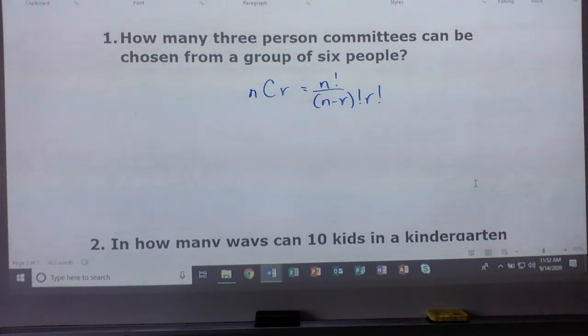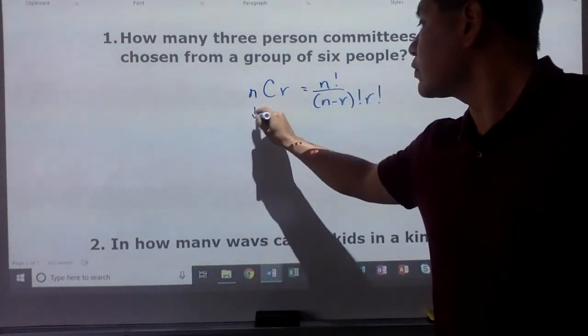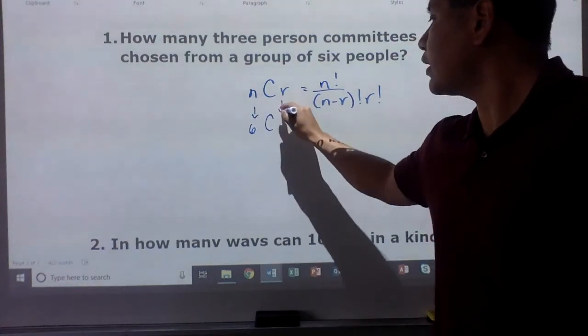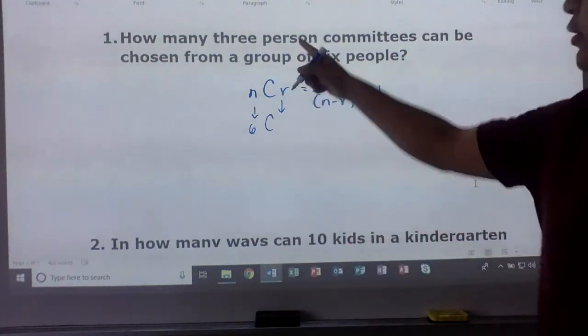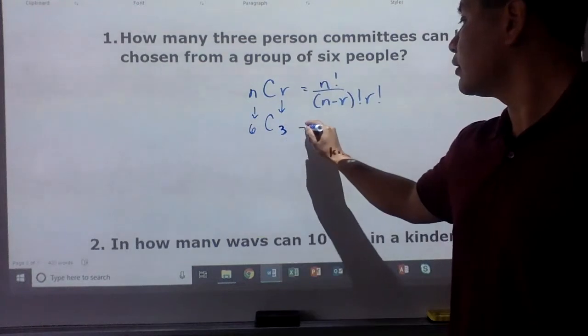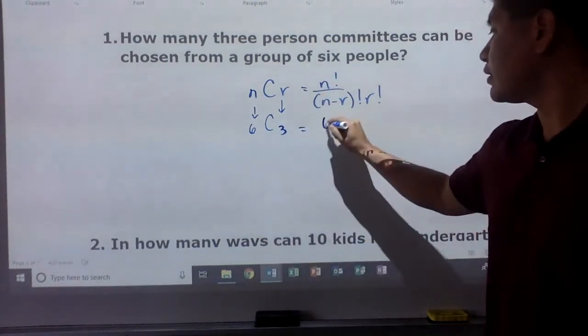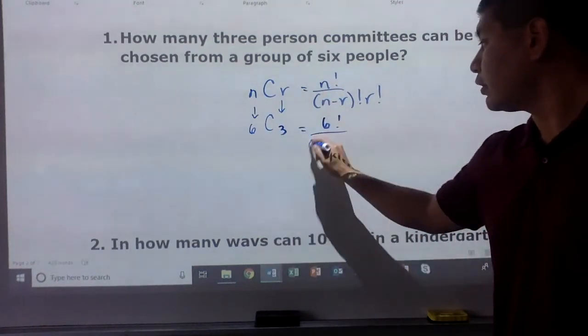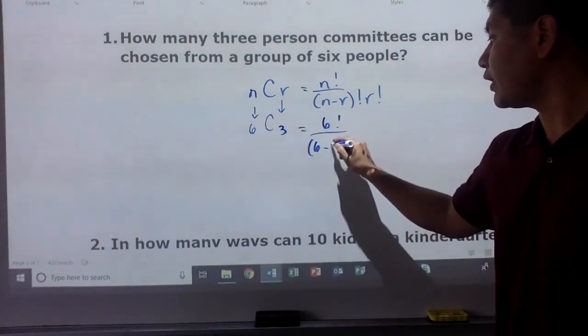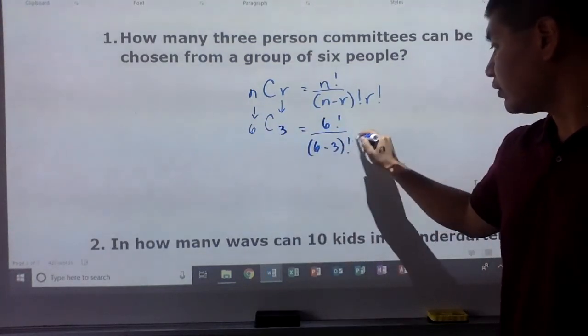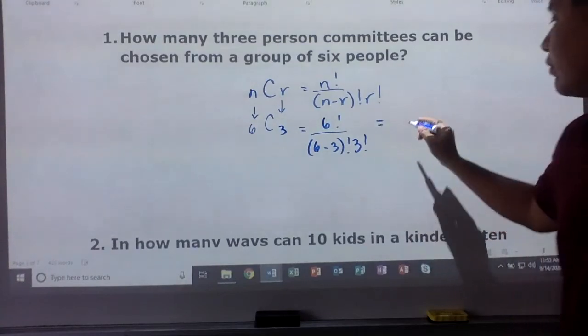Well, let me see how many people there are. 6 people? 6. We'll go here. Out of those 6, how many am I selecting? Well, I'm only selecting 3. So I will replace it. 6 factorial over n minus r, 6 minus 3, which is 3 factorial. Just simplify.